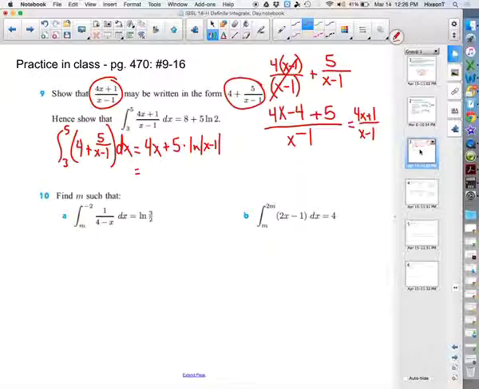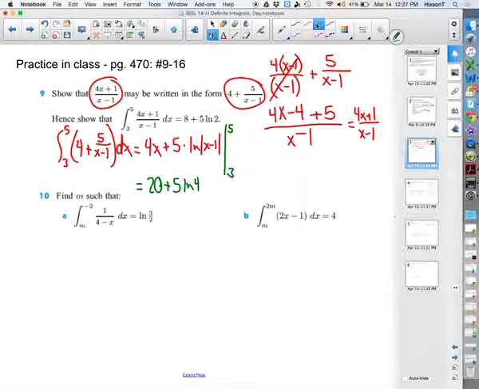Alright, so now I need to evaluate this from 3 to 5. Okay? So, 4 times 5 is 20, plus 5 times the natural log of 5 minus 1.